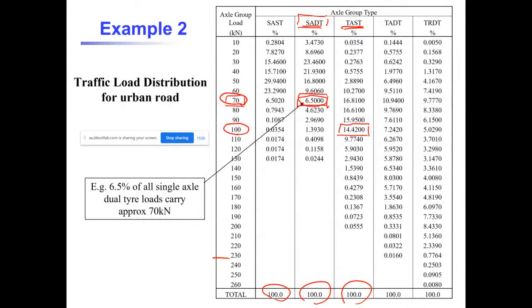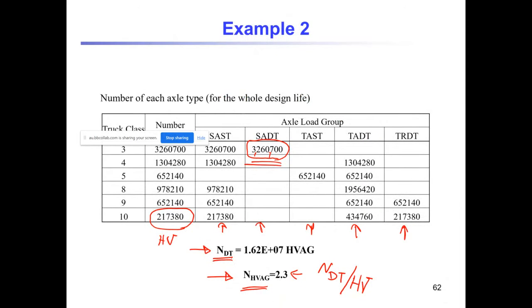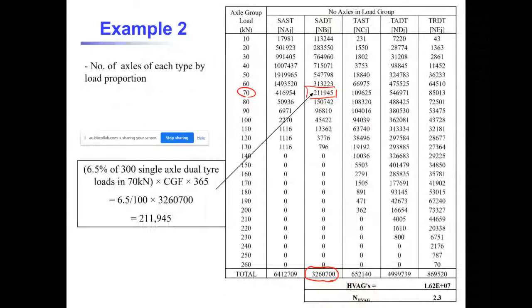So you can simply multiply this 3,260,000 with 6.5%, and that will give you approximately 211,000 or 212,000, which means 211,000 or 212,000 single axle dual tires with the weight of 70 kilonewton are going to pass through the road that you are going to design.